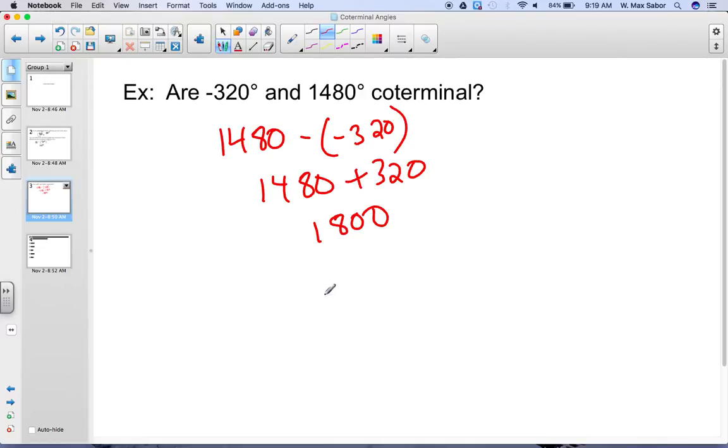So let's divide. You probably can do that in your head, but this is 5. So in other words, this is saying that there are 5 rotations of difference between the two, but they are in the same place.